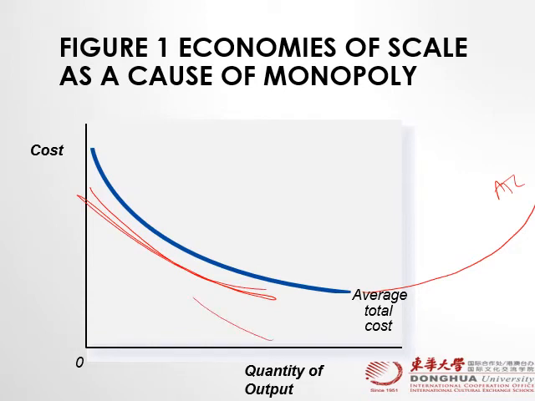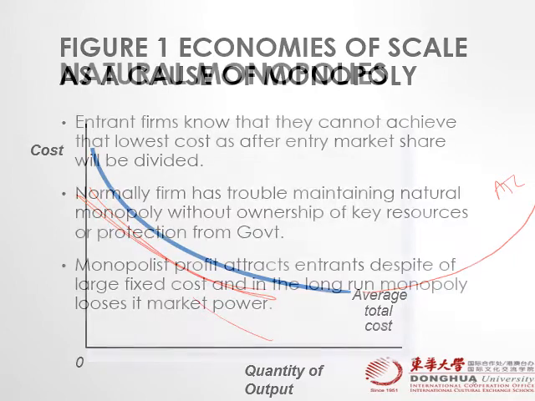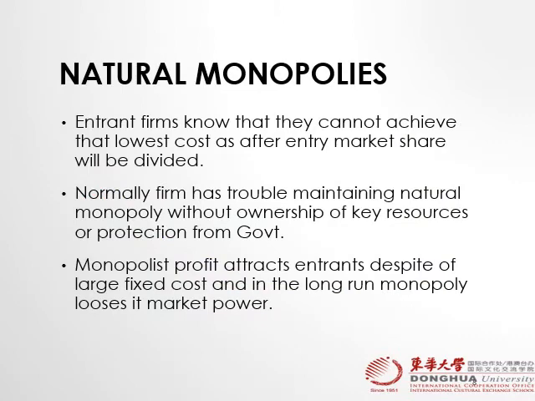This is called economies of scale, and if you can maintain it for a longer period of time, you may drive the competition out of the market and become a monopoly. Entrant firms know that they cannot achieve that lowest cost, as after entering the market, the share will be divided, right?